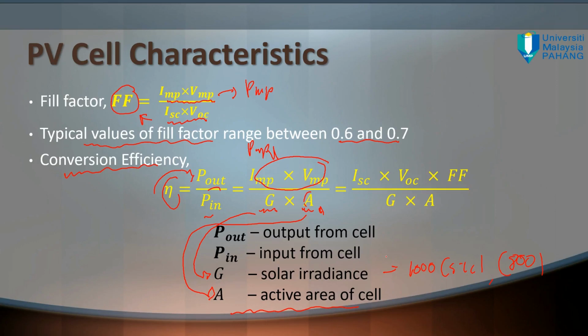In the future, maybe in another 10 or 20 years, I'm not sure, we can generate certain watts of power using the size of our palm. Not only the palm, we can generate several watts. That is the most desirable characteristic of a PV cell that we as humans want. Okay.